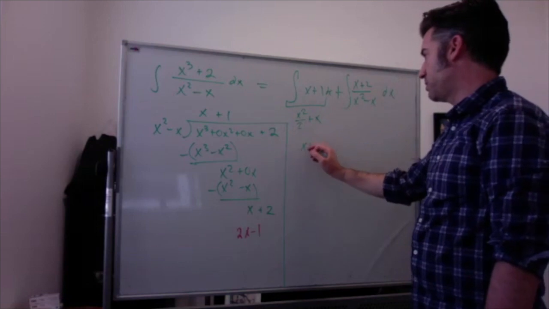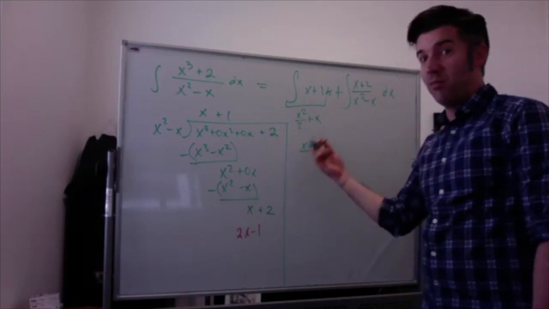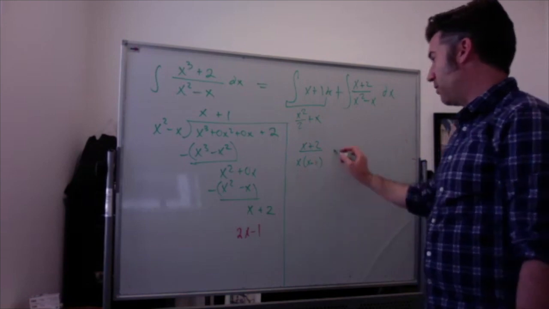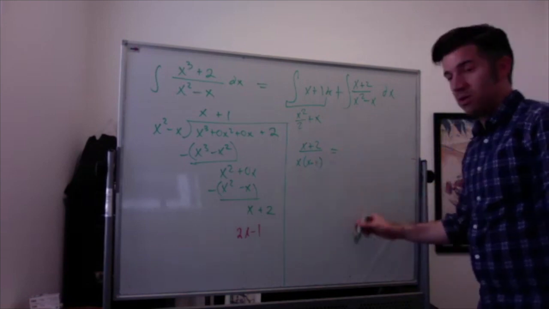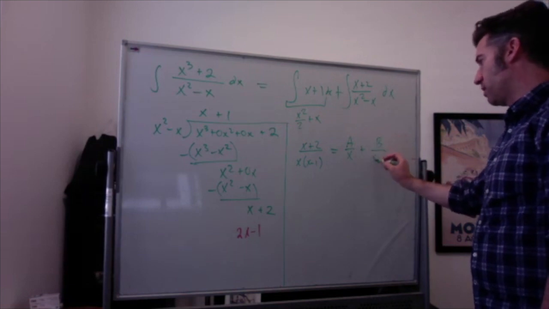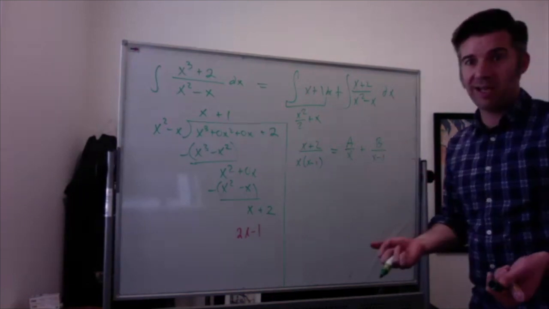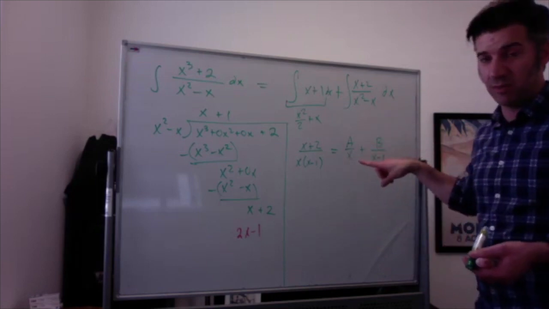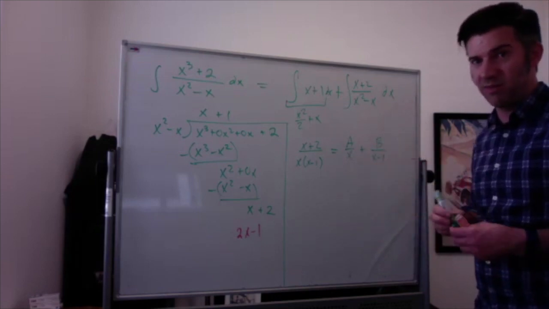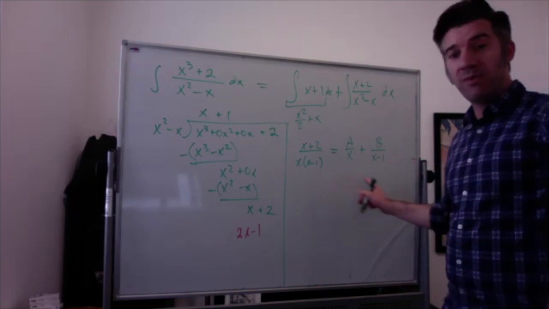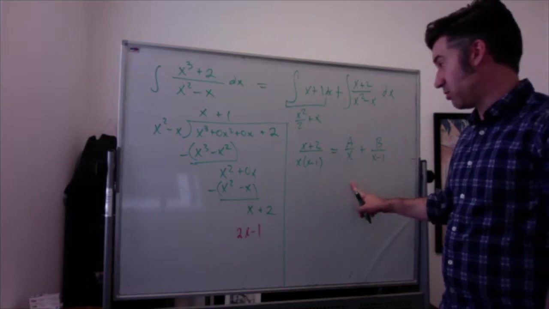So x plus 2 over the factored bottom is equal to a constant over the first factor plus a constant over the second factor. We're not going to get to it today, but there are other things that can happen with partial fraction decompositions that are more complicated than this. Maybe we can fit in one problem in a second. Multiply both sides by the common denominator.